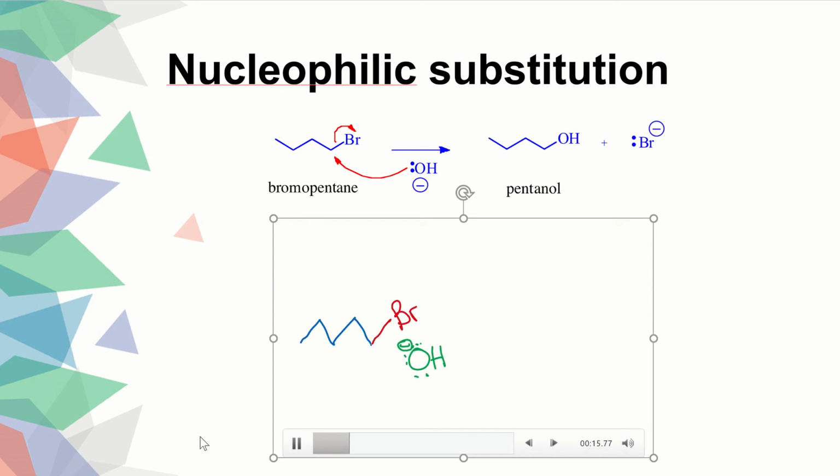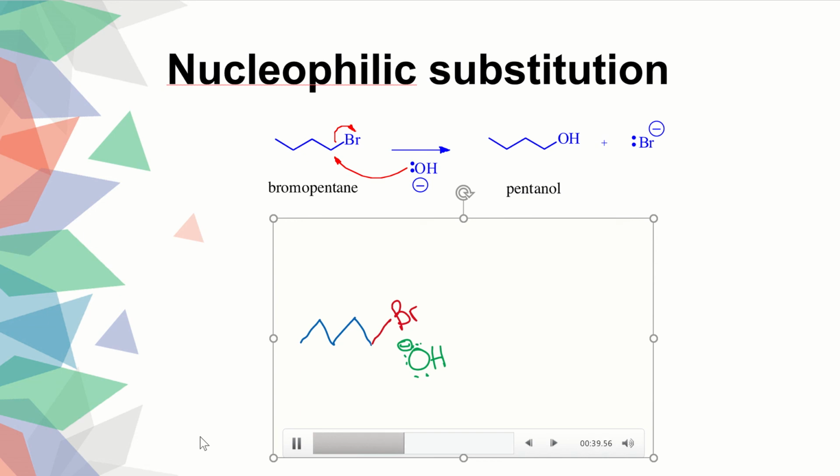So we have our molecules here. We have our nucleophile and our electrophile. And so we start the arrow from the nucleophile, or the source of electrons. And in this case, that is our hydroxide ion.